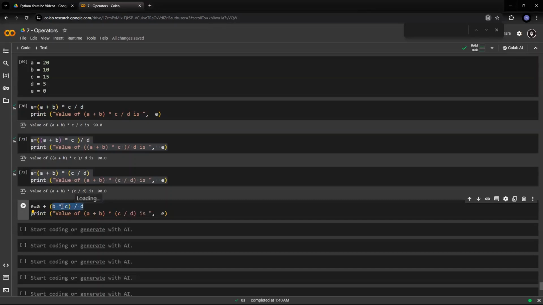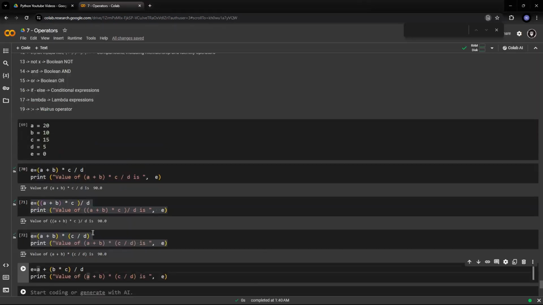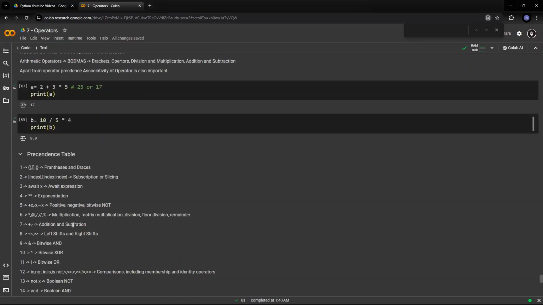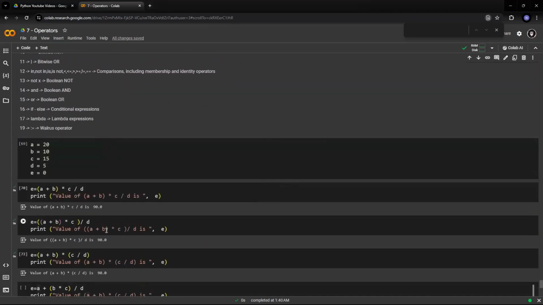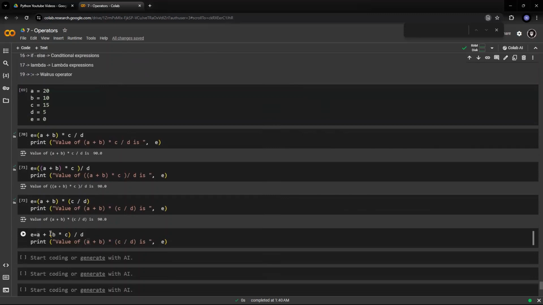Multiplication comes first and addition comes next. So we can see here our multiplication and divisions come first, and then the addition and subtraction. So by order of precedence, it will multiply first, which is inside the brackets. So B into C is 150. 150 divided by D, which is 5.